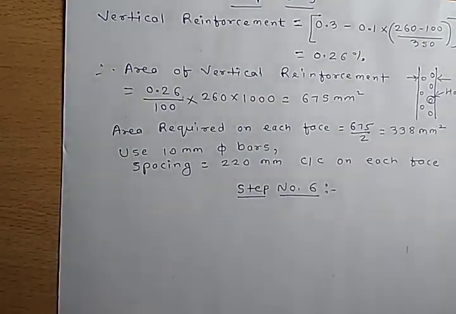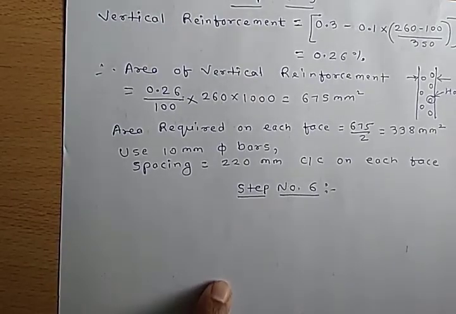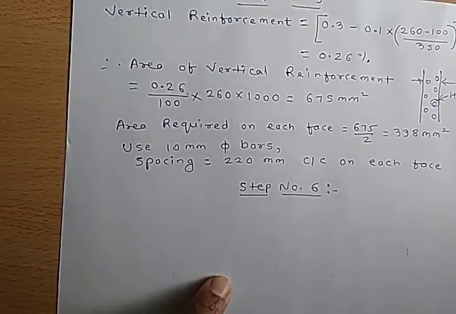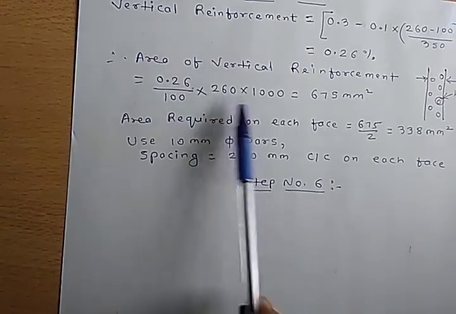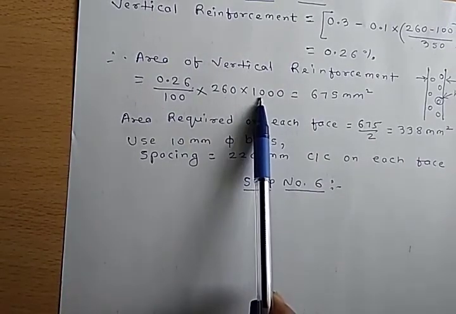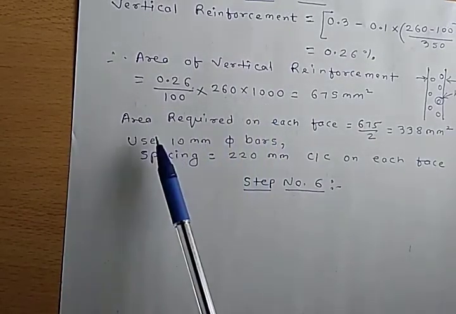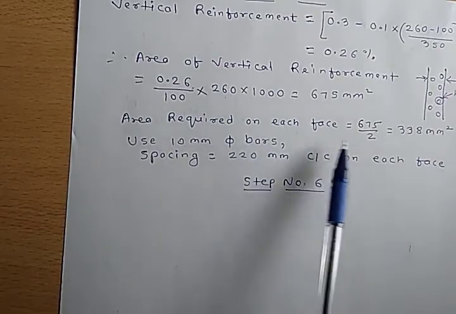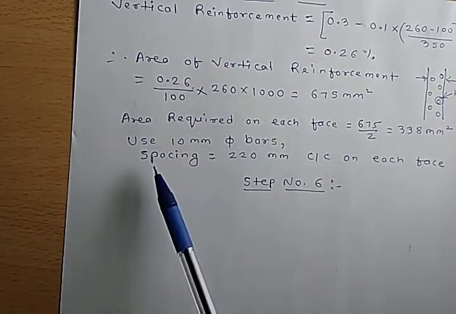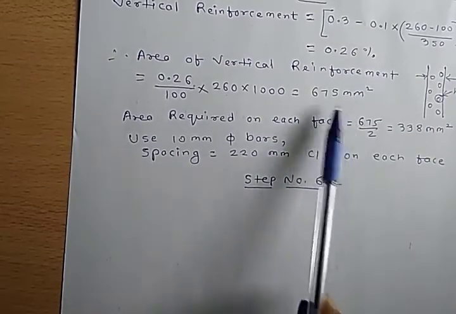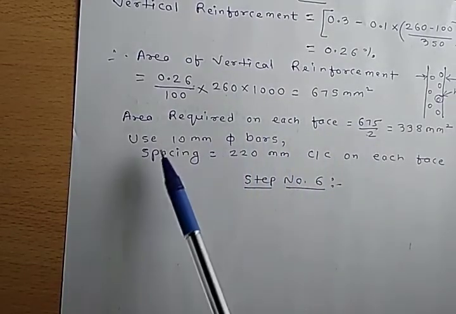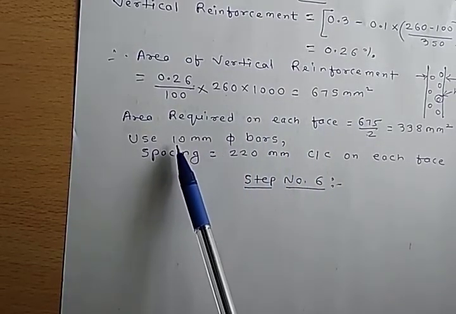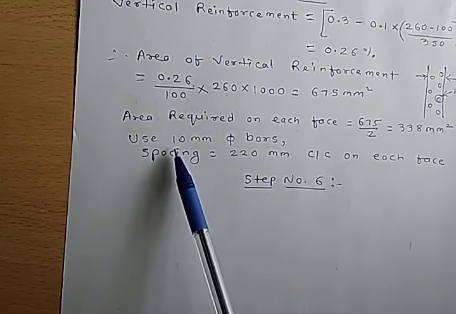And then area of vertical reinforcement we can get just as the percentage multiplied by this thickness, 260, for 1 meter, and we got the area required on each face. That will be half of this. Again, we have considered it as in the earlier case.